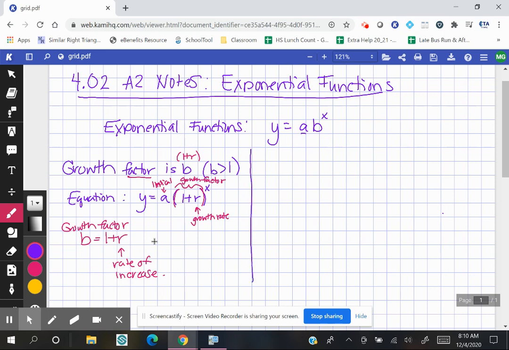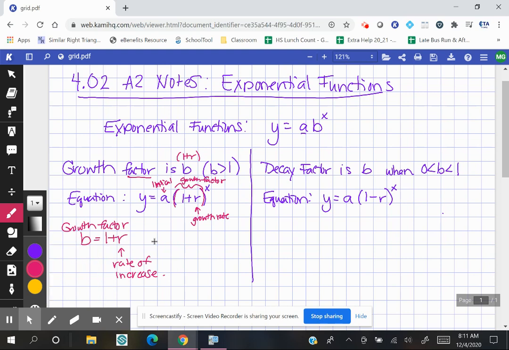Okay, then let's talk about if you are decaying, so getting smaller. So the decay factor would be b if b is between 0 and 1. So the equation for that would be y equals a times 1 minus r raised to the x.